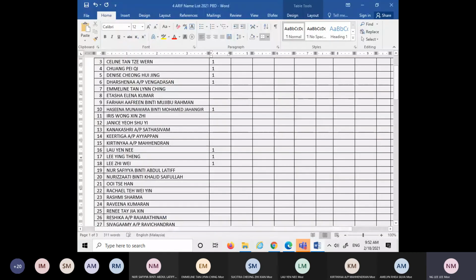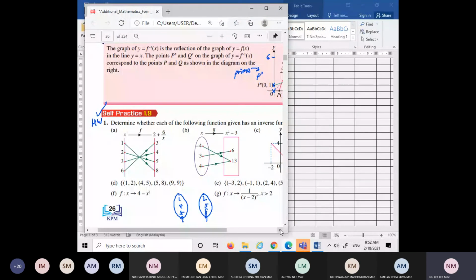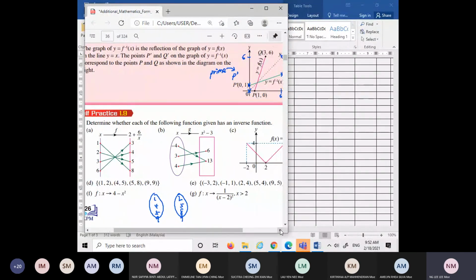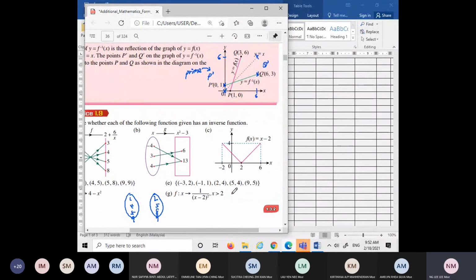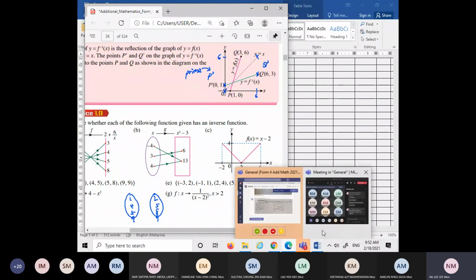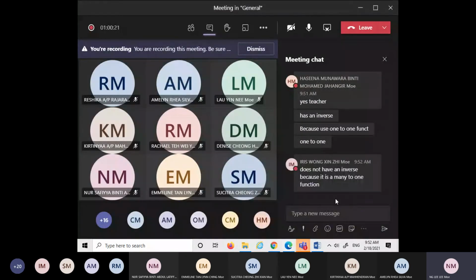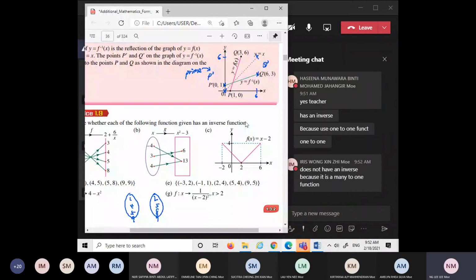Okay, next girl. Iris Wong. Okay, Iris, can you answer for E? E, the same thing. Does not have an inverse because it is a many-to-one function. Okay, no inverse, many to one.